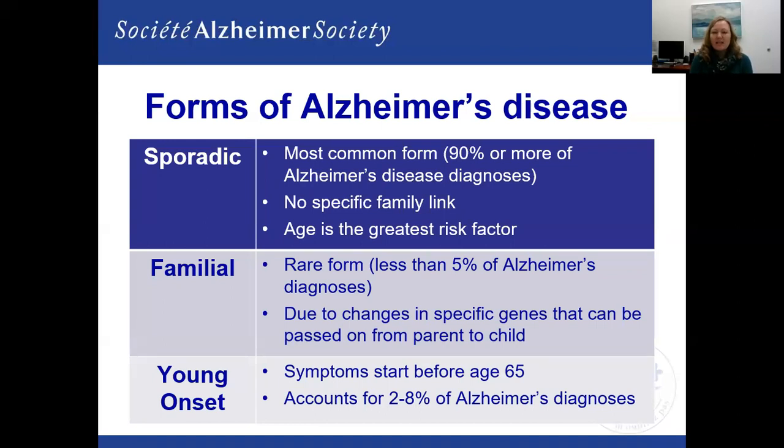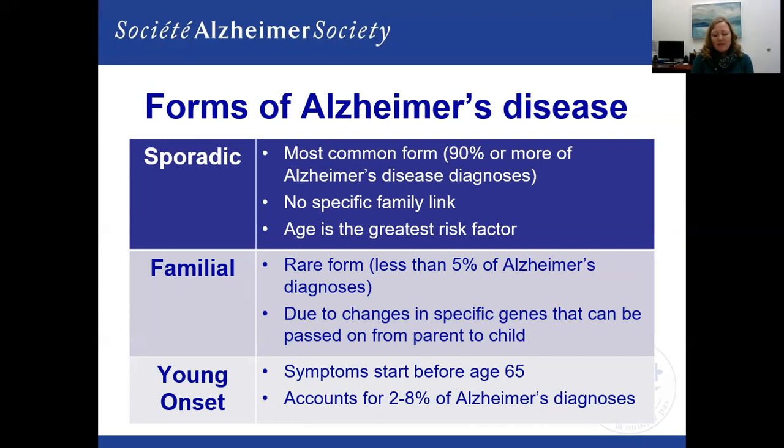If a person has familial Alzheimer's disease, their children are going to have a 50% chance of inheriting that disease-causing gene and developing Alzheimer's disease themselves. It has the same symptoms as sporadic Alzheimer's disease, and it can develop at any age.